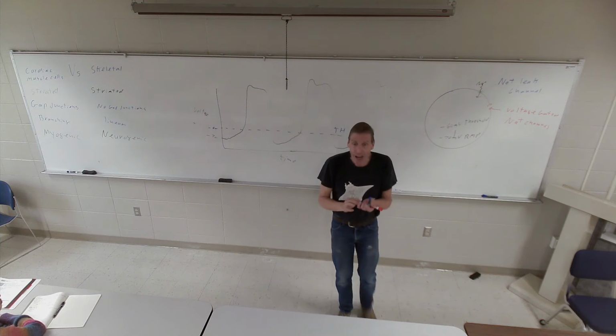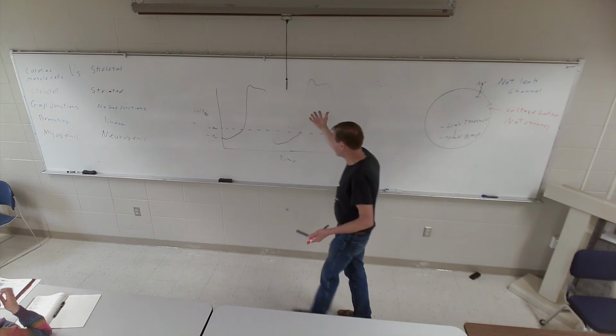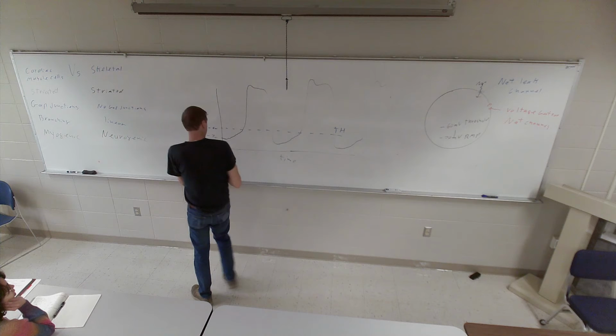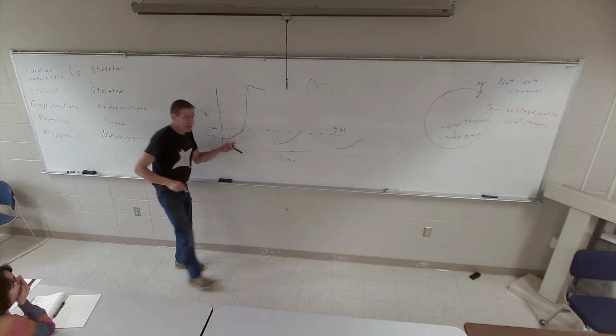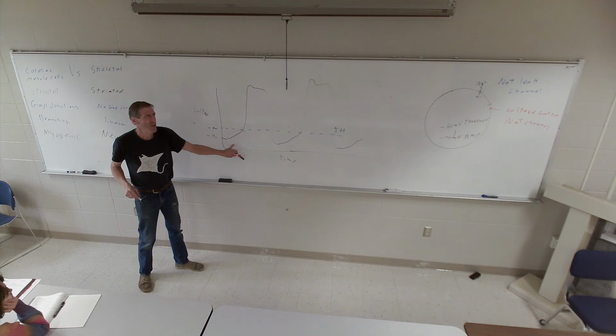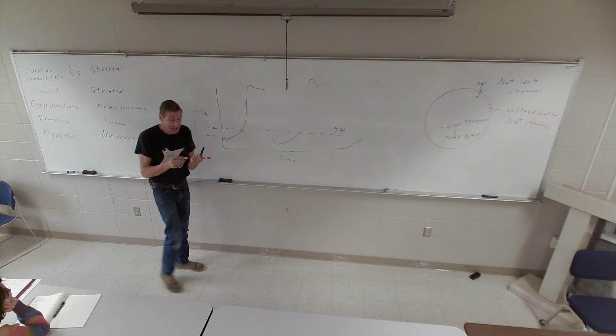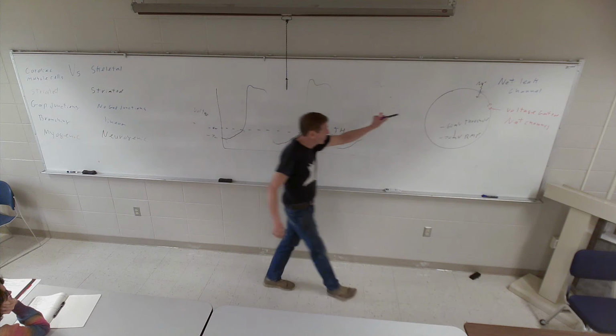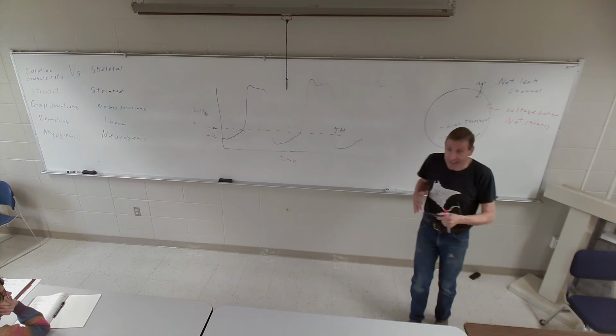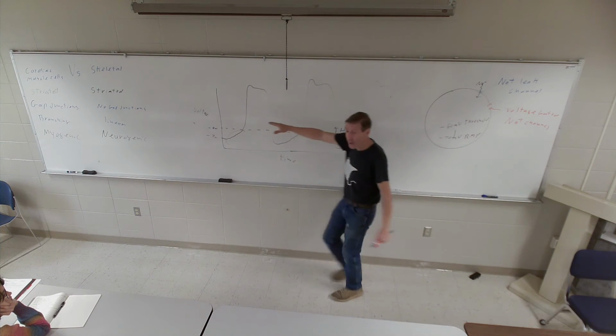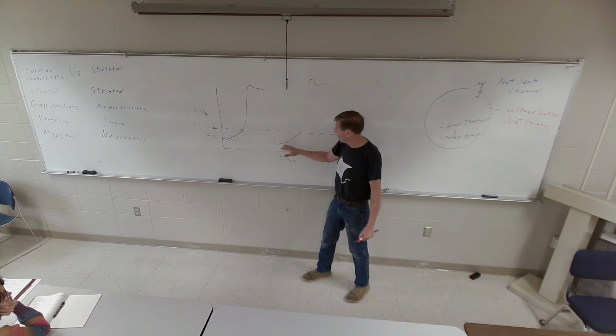That's how it can generate its own action potentials. In your textbook, you might see these referred to as pacemaker potentials or something like that. But this is due to the leak channel. As the sodium leaks in, it will eventually bring the cell to threshold. You get an action potential, it repolarizes, and sodium leaks in again.